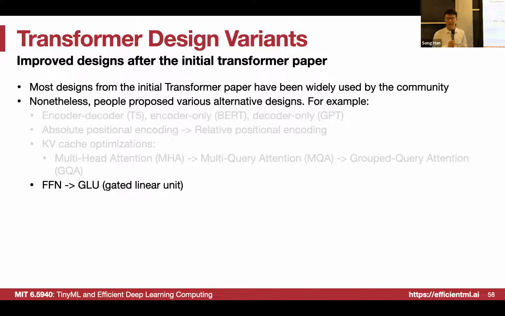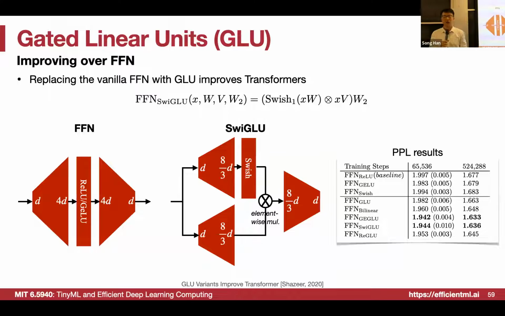All right, the last one is from FFN to gated linear unit. Previously, when we were talking about FFN, we assumed it's an inverted bottleneck with a ReLU or GELU activation function. But improving over this FFN, people proposed gated linear units, GLU, which actually contains 3 matrix multiplications. The first one, second one, and third one.